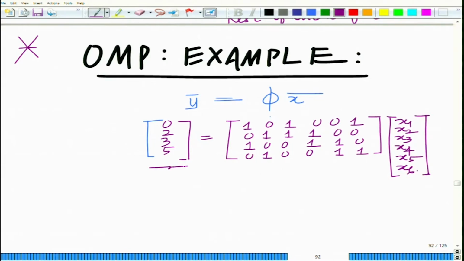So, this is your y bar, this is your dictionary or sensing matrix phi, and this is your vector x bar.